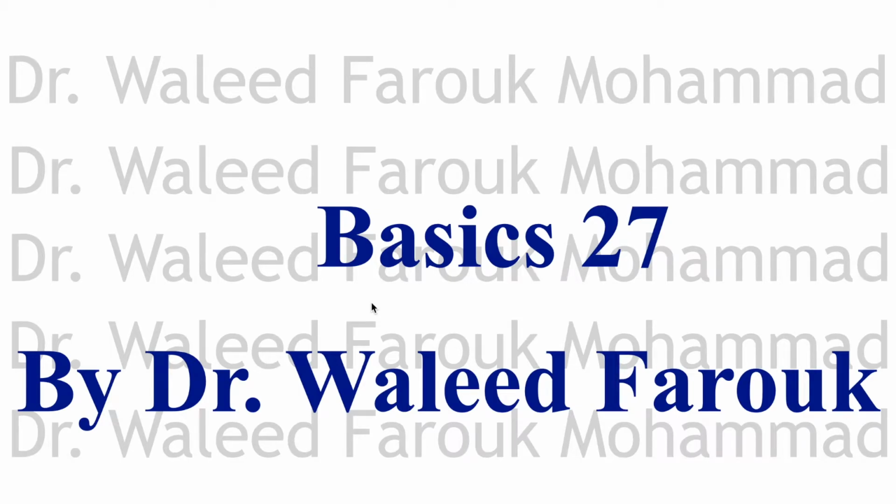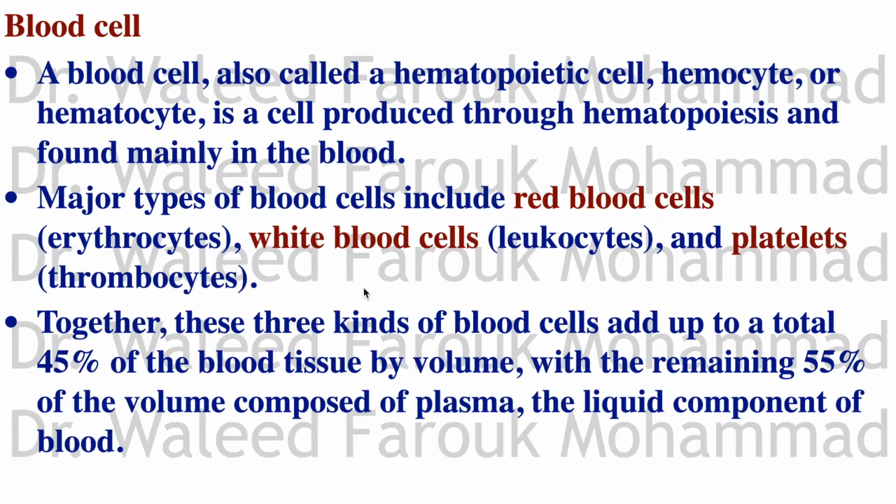In this lecture we'll continue our discussion of blood elements, so let's begin. The blood cell, also called hemocyte or hematopoietic cell, is produced in the process of hematopoiesis in the bone marrow.